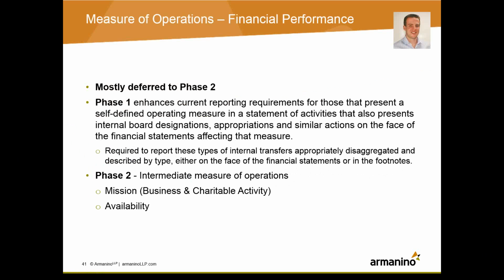If it's available for the current period, it should be part of your operating measure. So it tried to clarify what that should be, but a lot of organizations are having issues figuring that out, or really the amount of work it would take to figure that out and change their financial statements.